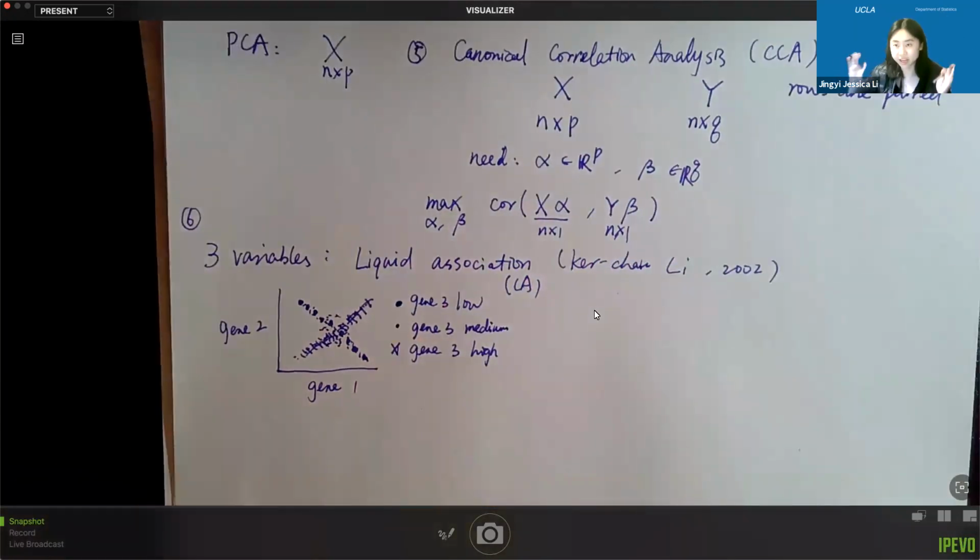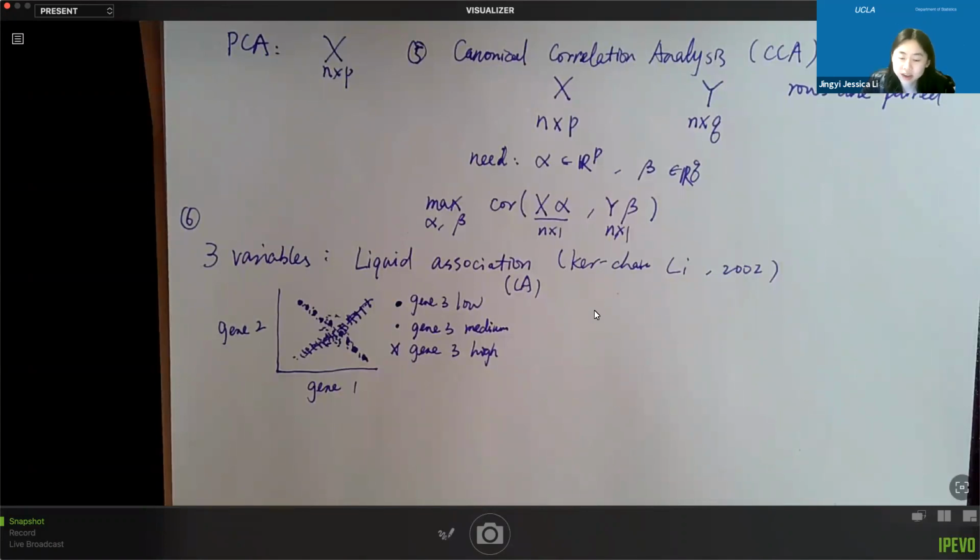If we only look at gene 1 and gene 2, the association is not very strong. But if we incorporate gene 3 as a conditional factor, then we can have a very good interpretation. That's the motivation of his liquid association.